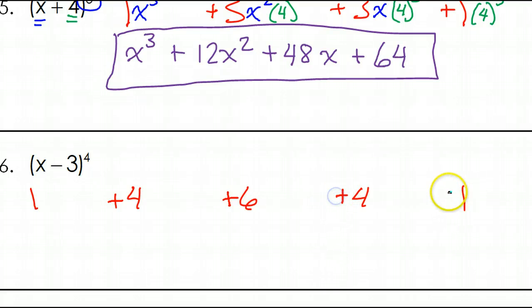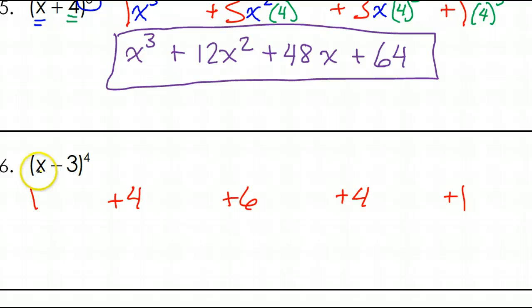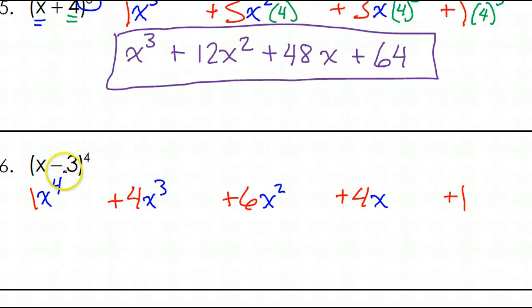Just like I did before, let's start with the x. It's degree 4, so I'm going to start off with x to the 4th power, and then x to the 3rd power, and then x squared, and then x. Now I need to deal with the negative 3.